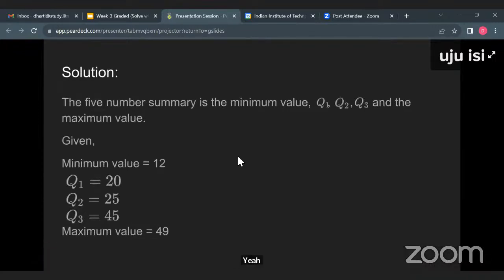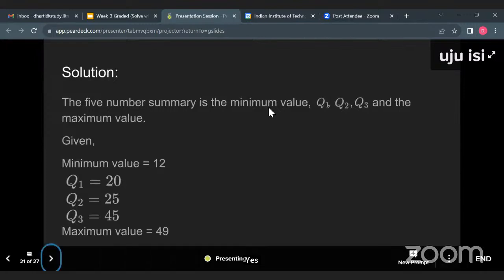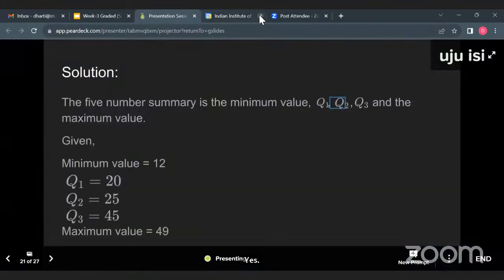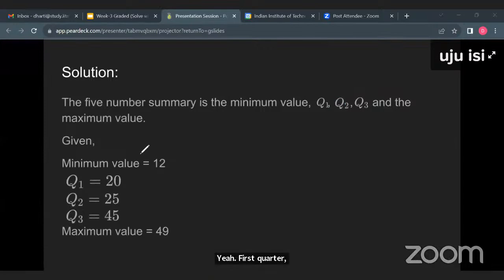So what is the 5 number summary? It is the minimum value, Q1, Q2, Q3, and the maximum value. The minimum and maximum values you can just see from the data points, and Q1, Q2, Q3 we have already calculated.